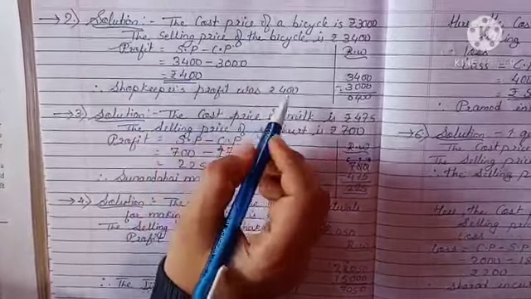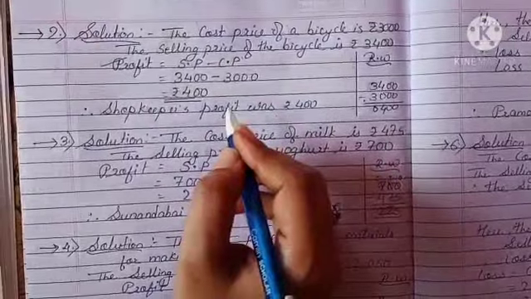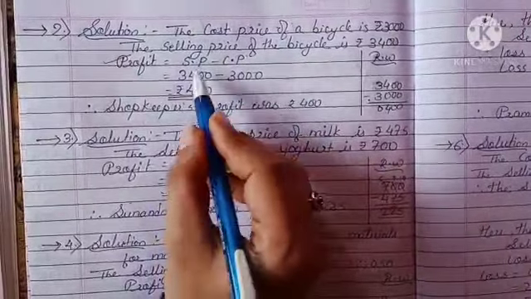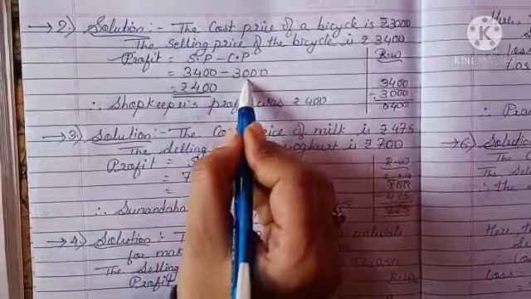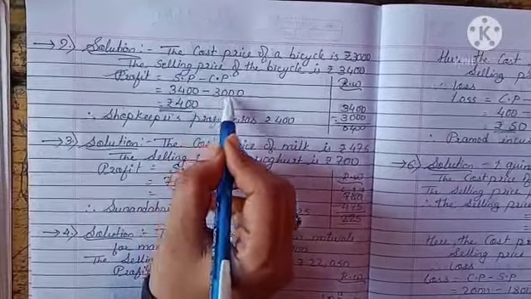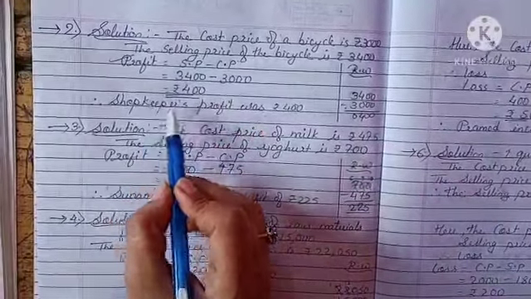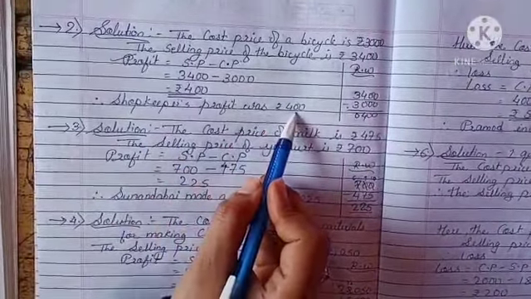Shopkeeper's profit was 400. Selling price minus cost price, so we get answer 400. So that means shopkeeper's profit was 400 rupees.